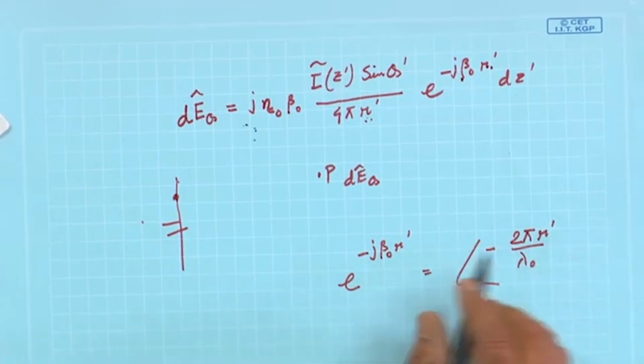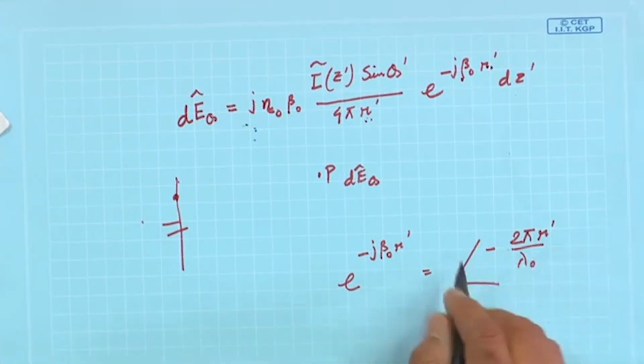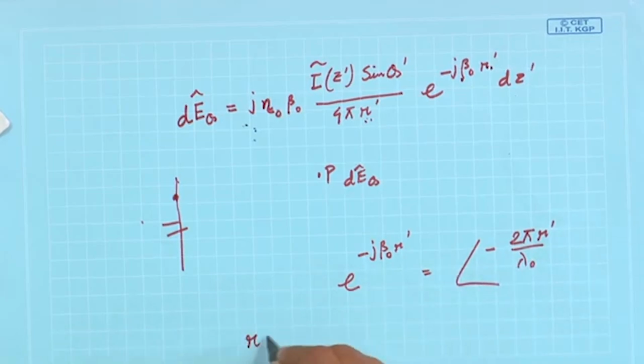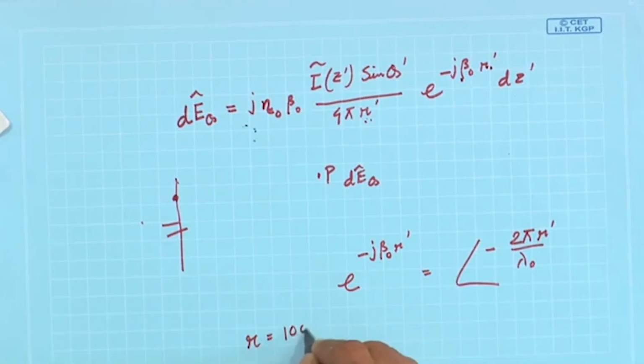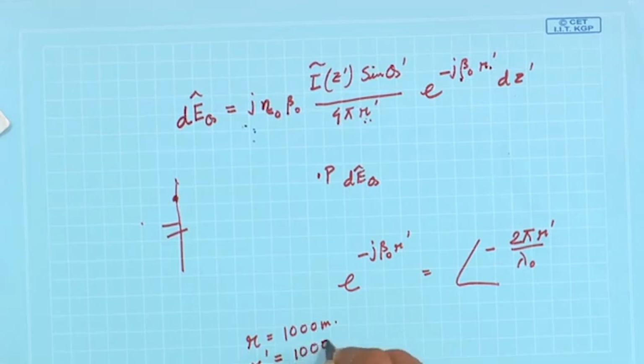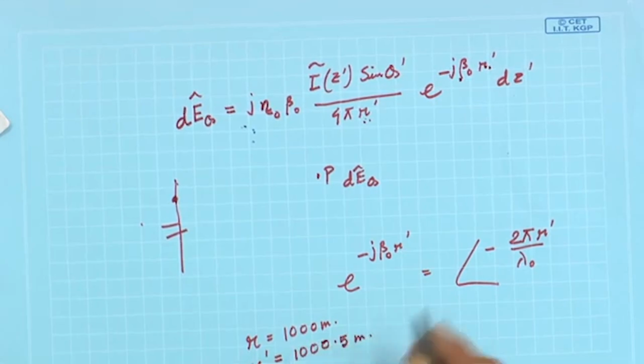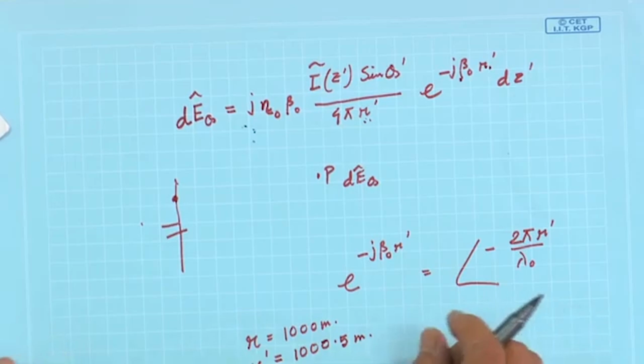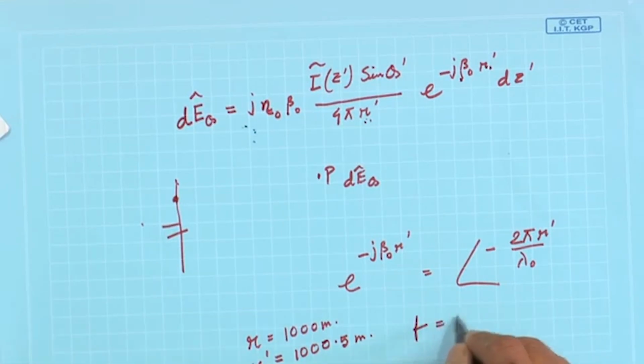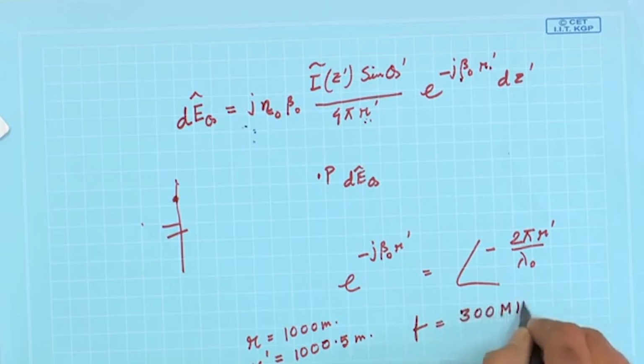Suppose this r is 1000 meter, and let us take r dash as 1000.5 meter, that means only 50 centimeter away another point, and let us say the frequency of operation is 300 megahertz.